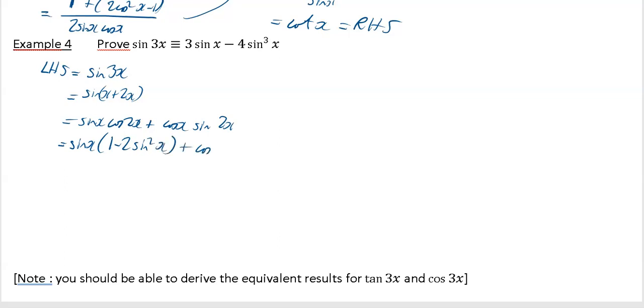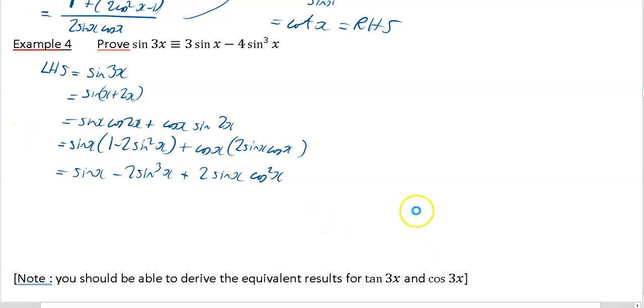I've still got this cos term, which hopefully we'll get rid of soon. And sine 2x, there's only one way to rewrite it, and it's 2 sine x cos x. So a bit of tidying up to do. Multiply out the brackets where you can. That's going to be sine x minus 2 sine cubed x.